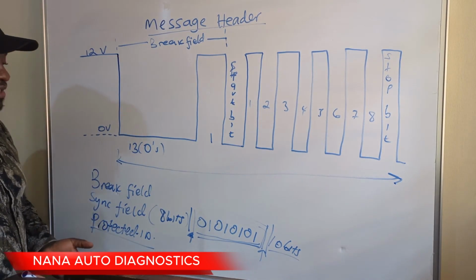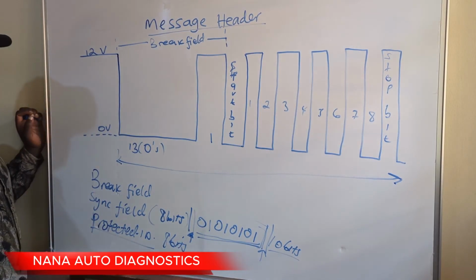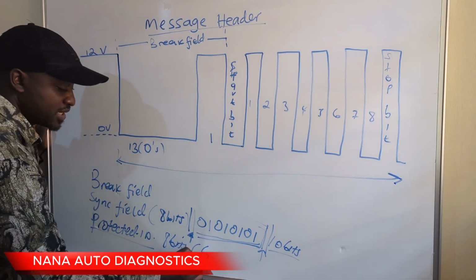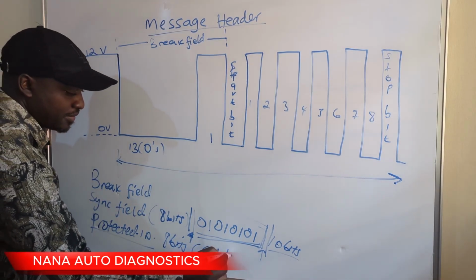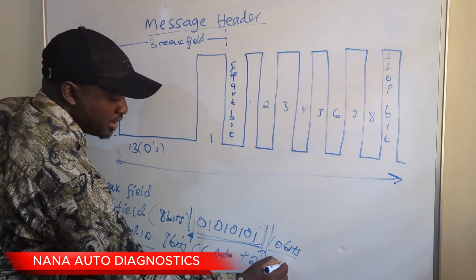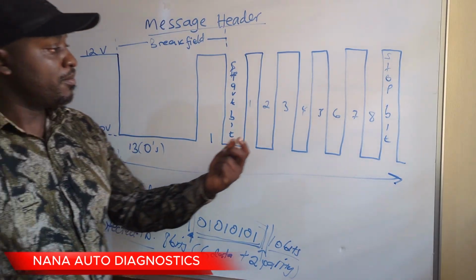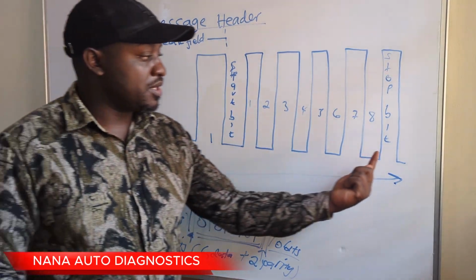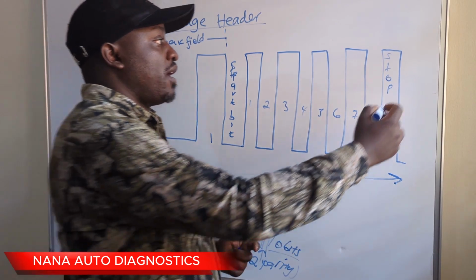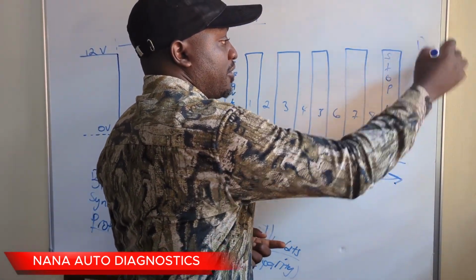Now the protected identifier is also made up of 8 bits. It's made up of 6 data bits and 2 parity bits. So from the sync field, now we move on to our protected identifier field.